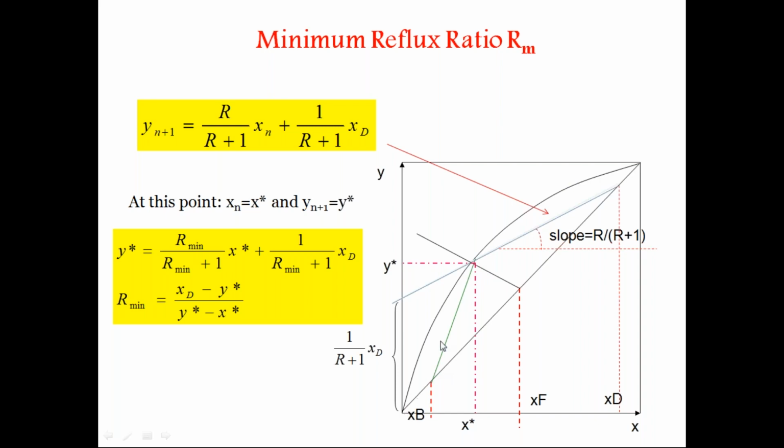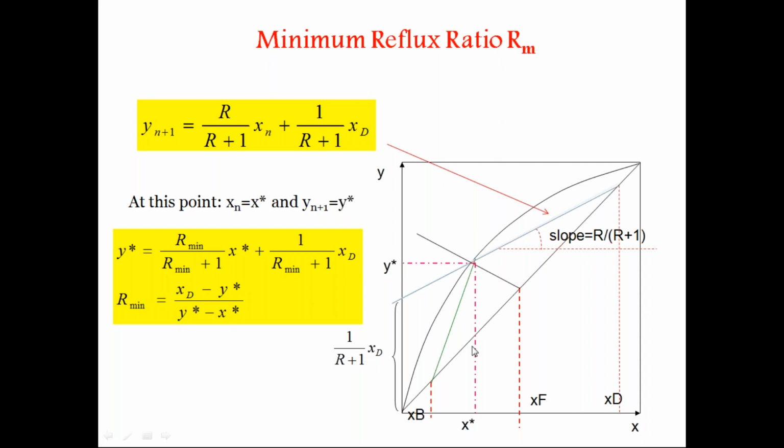Because alpha varies, the curve may come like this, or if alpha is very high, it may go like this. So the R value will depend on xD, xF, then q, that is the feed condition, and then the system alpha values. If you know all those things, you can substitute and find out R minimum in this equation. So R minimum is xD minus y star divided by y star minus x star.